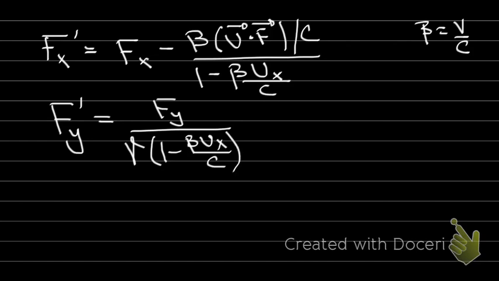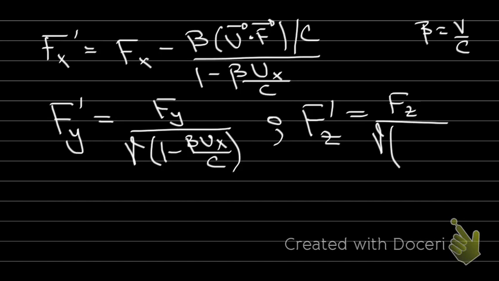Okay, and last but not the least, f prime z would be equal to f along the z direction over gamma times 1 minus beta ux over c.